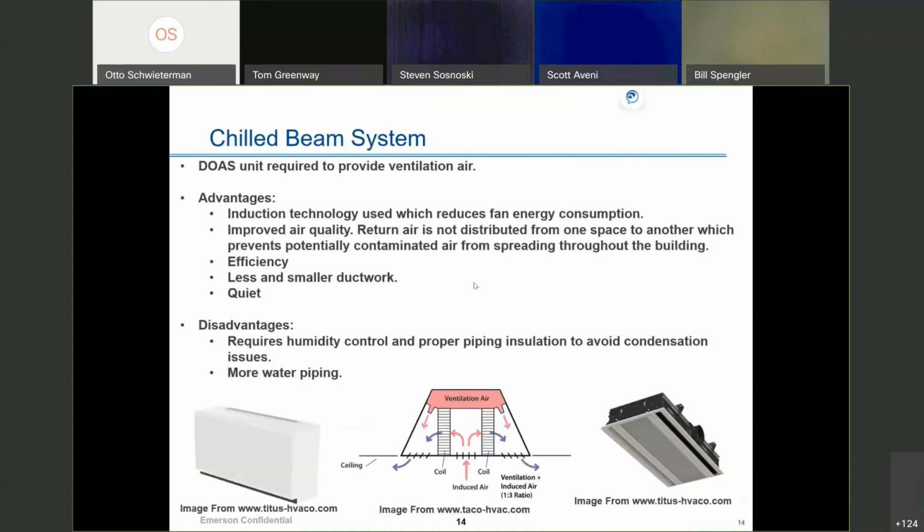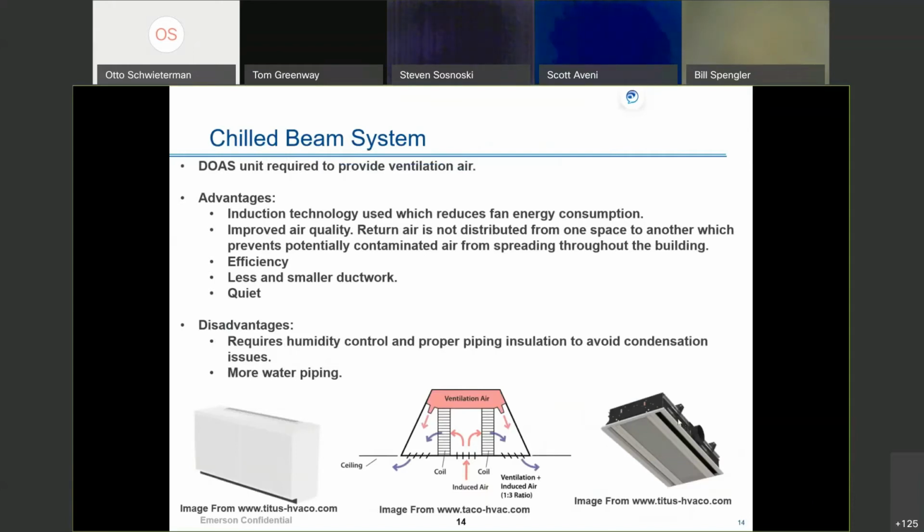Here is an example of a chilled beam that was asked about earlier. The one on the right here is mounted in the ceiling. So chilled beams are going to have air moving through them.